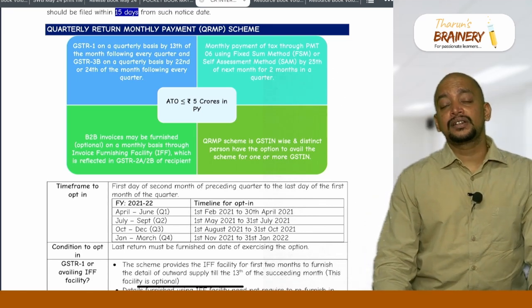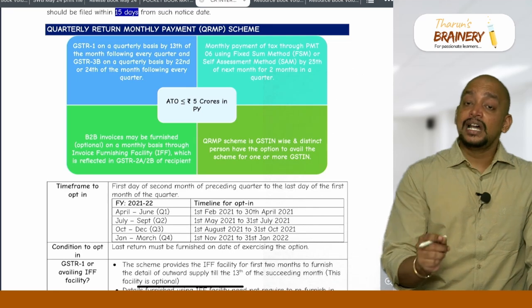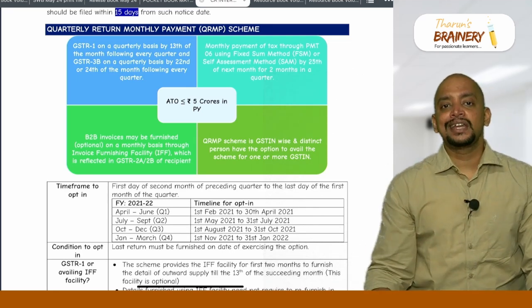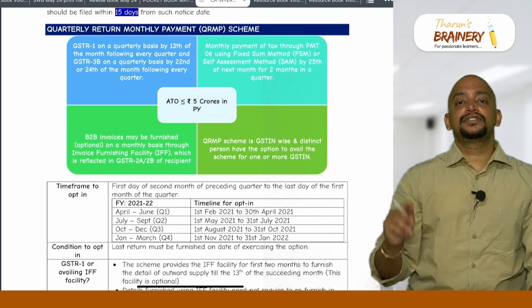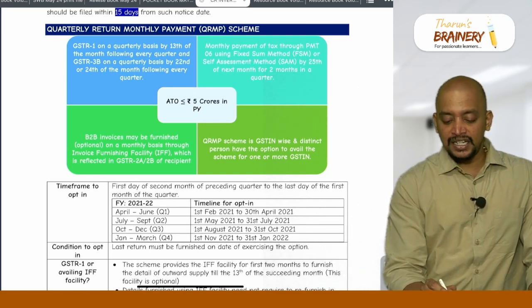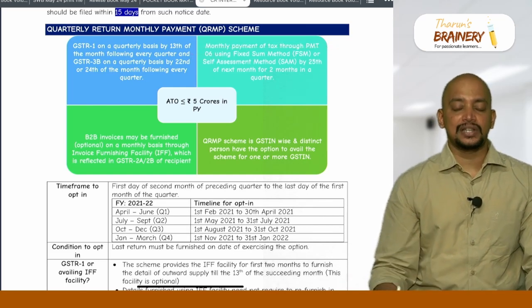In the fixed sum method, a percentage of your last quarter or last month 3B you will be paying, in the current quarter for the first month and second month, as your ad hoc liability. So monthly payment of tax is through PMT6. PMT6 is what? Deposit challan.